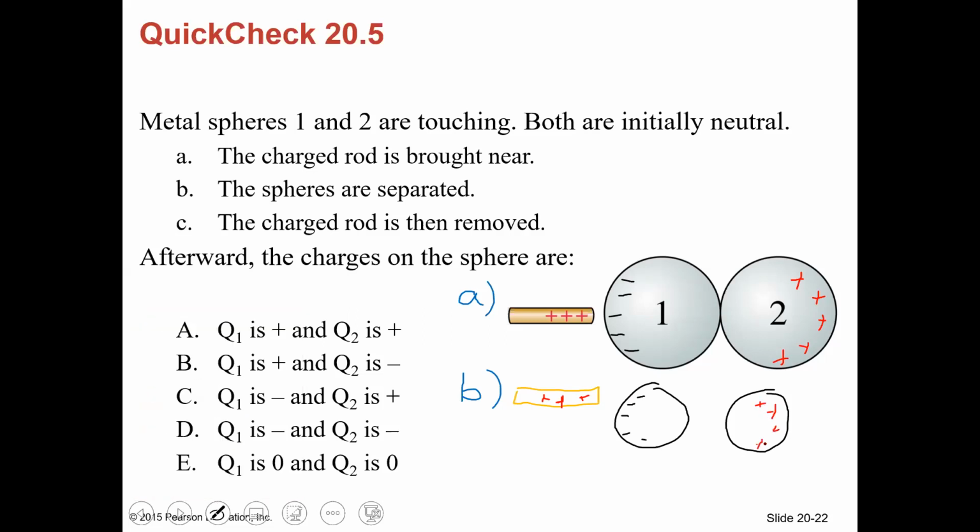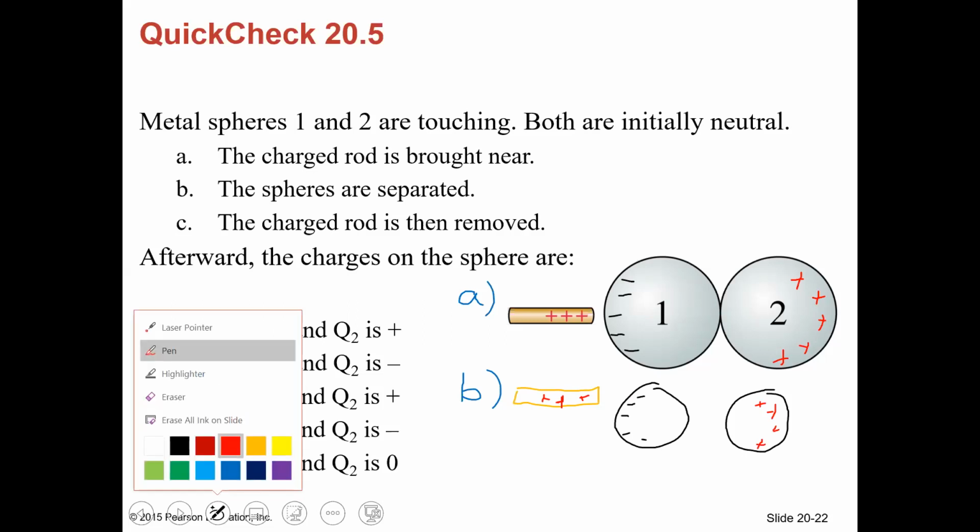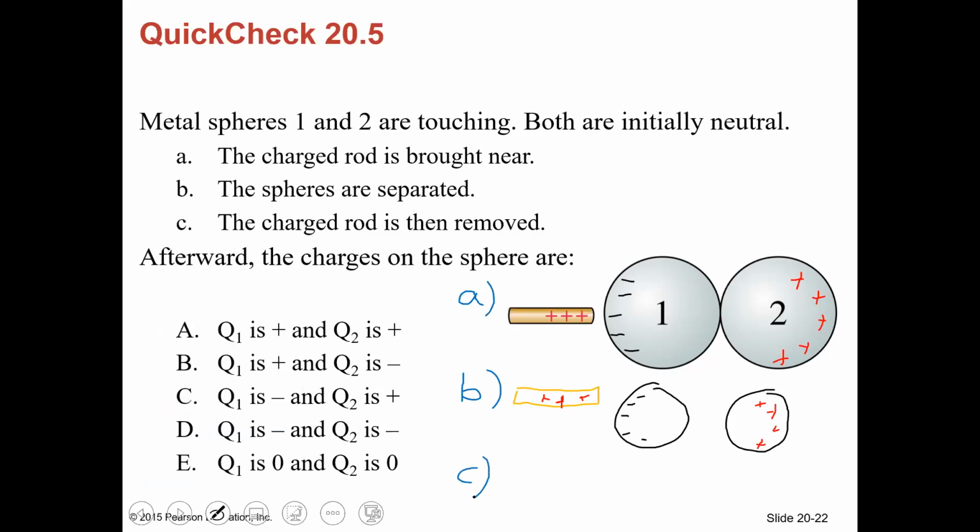And then part C, I remove the rod. So now it just has the spheres. Now, if I remove the rod, this negative charge is not attracted to anything. There's nothing attracted to it, right? If I take out this rod, these negatives are still negative, but now they're going to disperse themselves evenly around the sphere here.